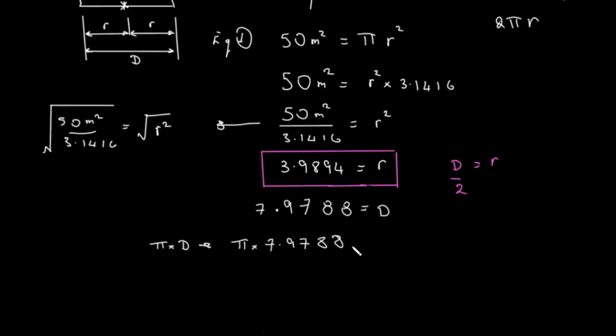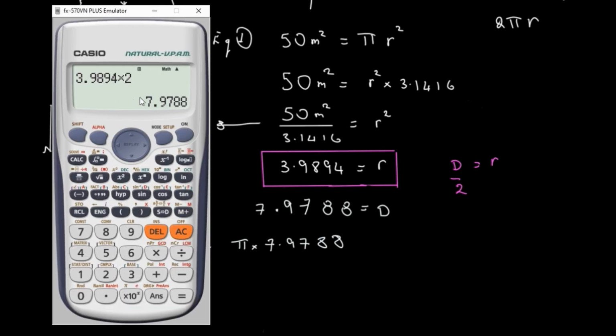Remember, this is rounded, so it's approximate. It will give us the circumference of the whole circle, all the way around. We only want half, but we've got to add this bit that goes across as well.